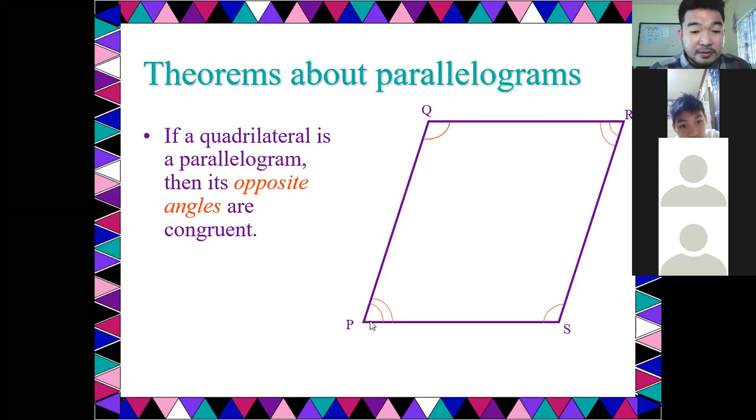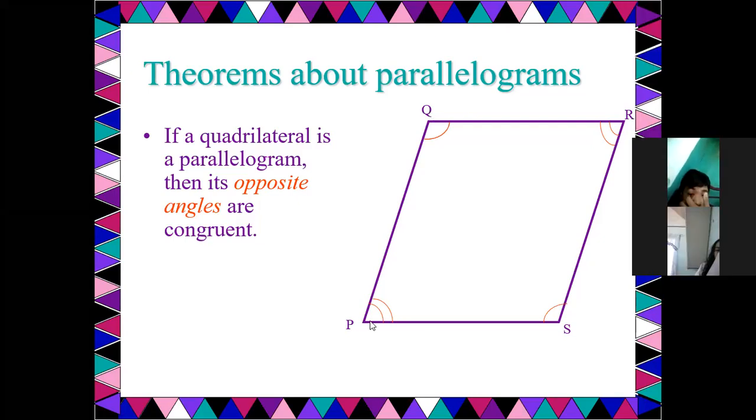So, next question for Gabriel. Gabriel, if angle P is equal to 65 degrees, what is the measurement of angle R? 65 din po, sir. All right.